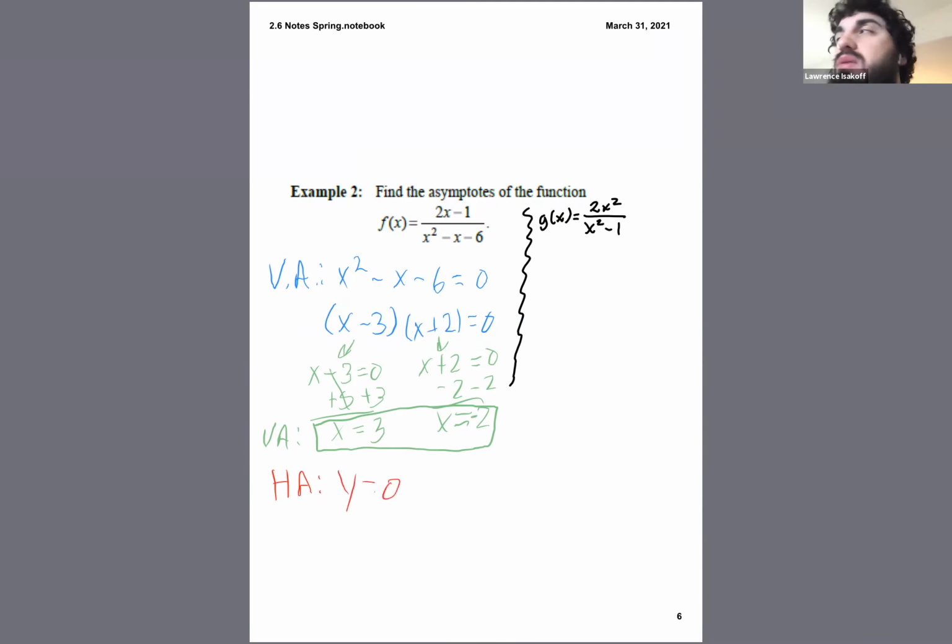Y equals 0. So again, keep that in mind. We're going to find it all on this. Then we're actually going to look at both of these together on Desmos and confirm those asymptotes visually.